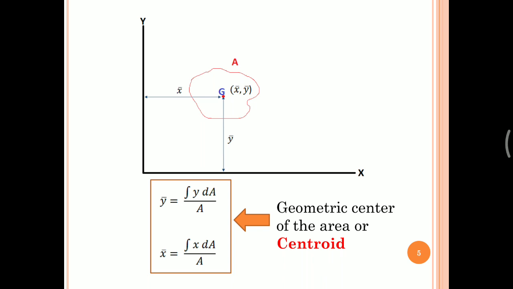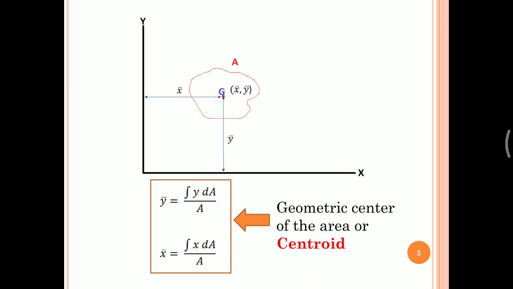So, using the first moment of area, we have obtained the equations for x bar and y bar, which will give us the centroid of our area. The coordinates of the centroid of any area can be found using these two equations. These equations are very helpful, and will be used to find the centroid in the problems.